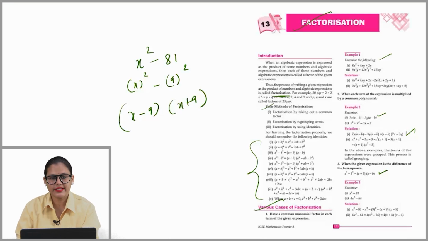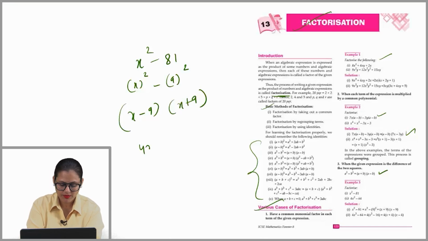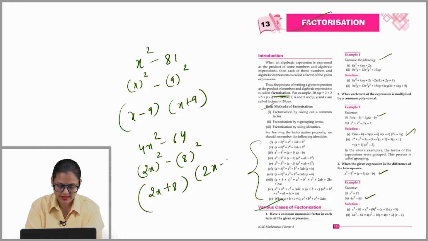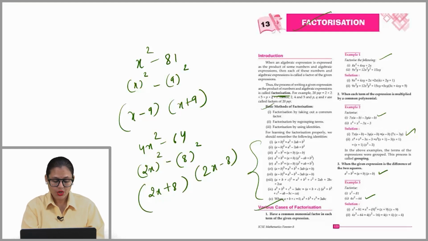Similarly, next one is 4x square minus 64. In this example, 4x square is the square of 2x and 64 is the square of 8. Now, we will write 2x plus 8 and 2x minus 8. But wait a minute, 2x plus 8 and 2x minus 8, again we have a common factor which is 2, right.